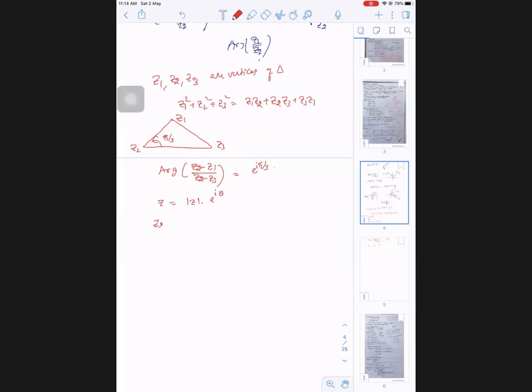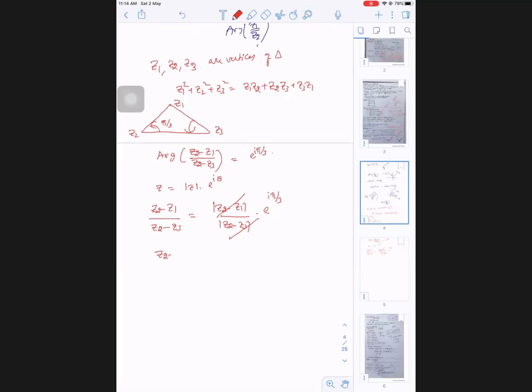By using this, (Z2 minus Z1) by (Z2 minus Z3) equals mod (Z2 minus Z1) by mod (Z2 minus Z3) into e power i pi by 3. These two magnitudes are the same because they are sides of the triangle.